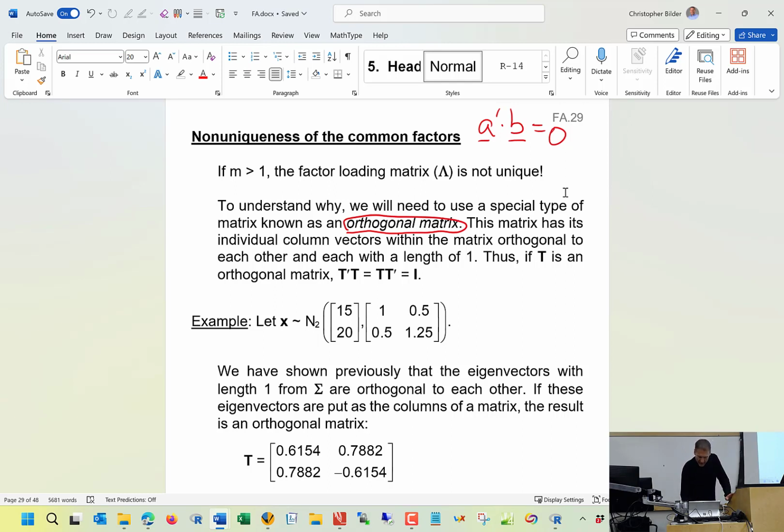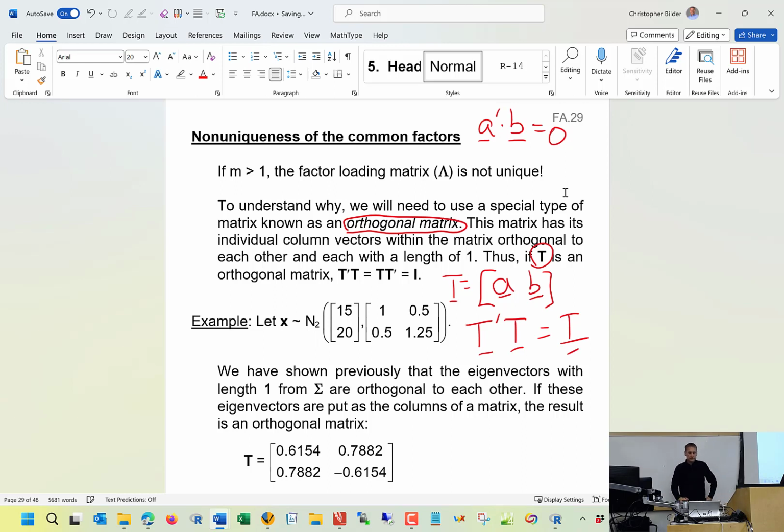Now, suppose I form a matrix T with orthogonal vectors as the columns. So maybe, for example, here's my matrix, and I'm just going to put A here and B here to represent that the first column is A and the second column is B. This is going to be my T matrix. Now, if I were to take T transpose T and multiply it all out, I will get the identity matrix back.